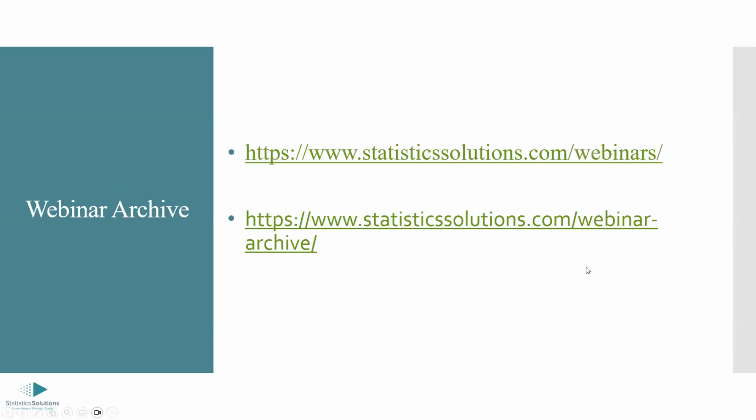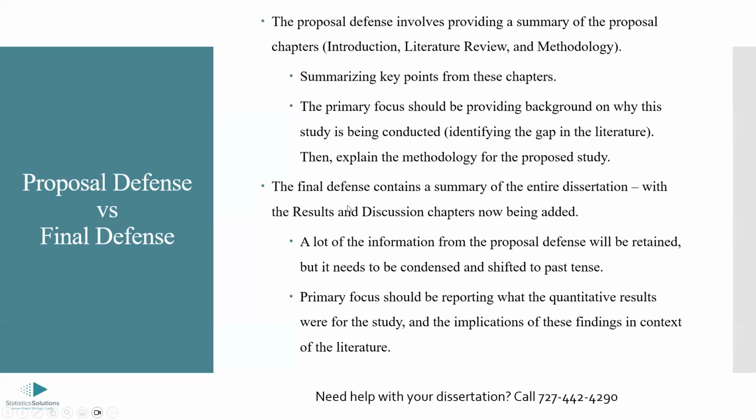All right, so we're looking at the proposal and final defense. Some schools do both. Some schools only do a final defense, so it depends where you go to school. The proposal defense involves providing a summary of the proposal chapters. So usually this involves, assuming we're following a 5-chapter dissertation format, the introduction, the lit review, and the methodology.